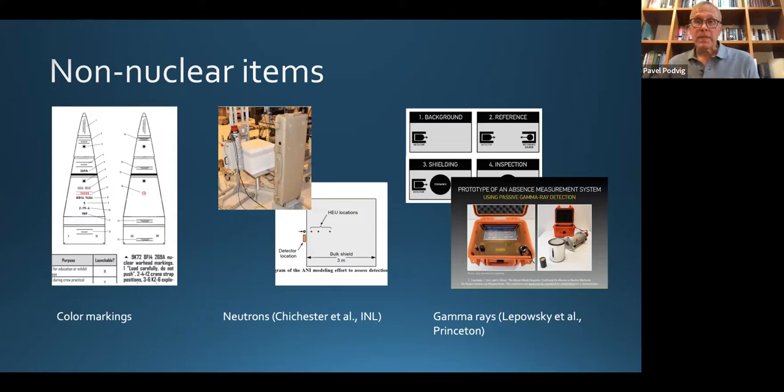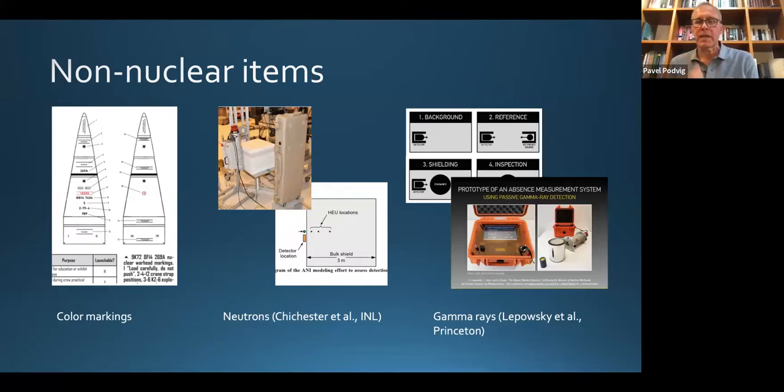Since we know that there is nothing nuclear that is supposed to be there, we could, as I said, use active measurements. This in the center is the experimental setup that was done by a group at Idaho National Lab. They could actually look into walls.